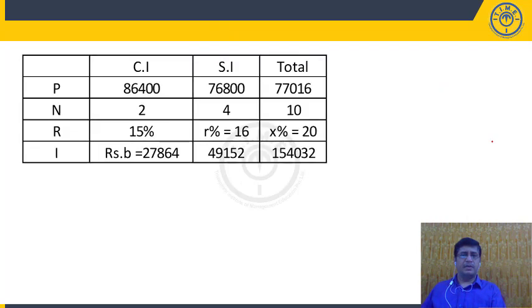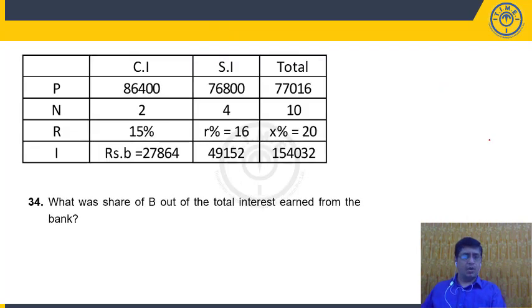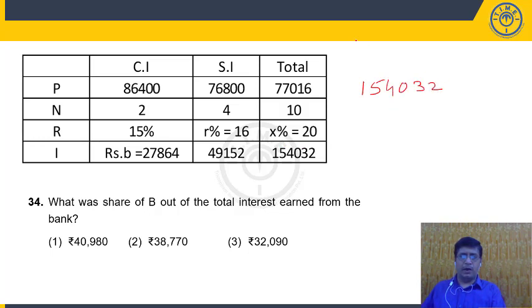Okay. Next. What was the share of B out of the total interest earned from the bank? So, what is the share of B? The total interest earned from the bank is equal to 154032. Now, the shares of A, B, C are X, X minus 10 and 18.